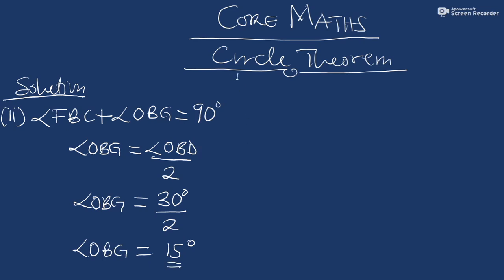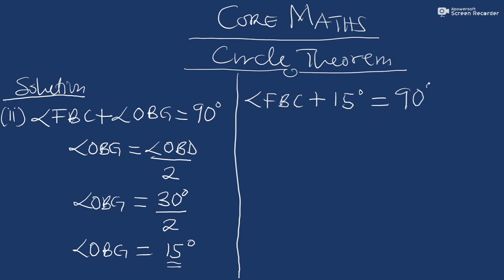So we are not done. We now have to substitute. So angle FBC plus 15 degrees should be equal to 90 degrees. So angle FBC equals 90 degrees minus 15 degrees.